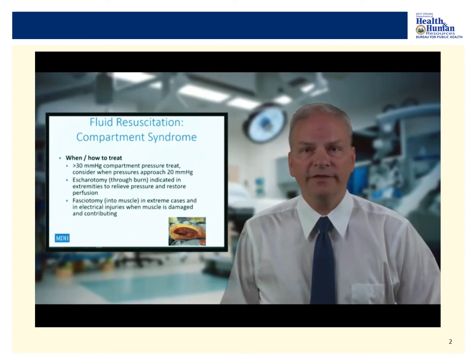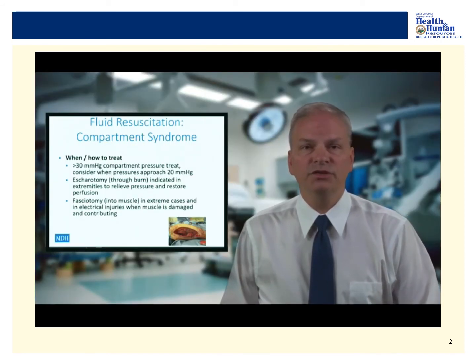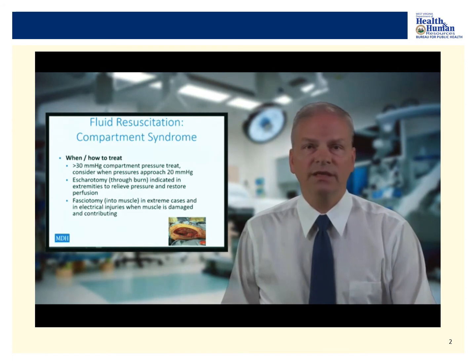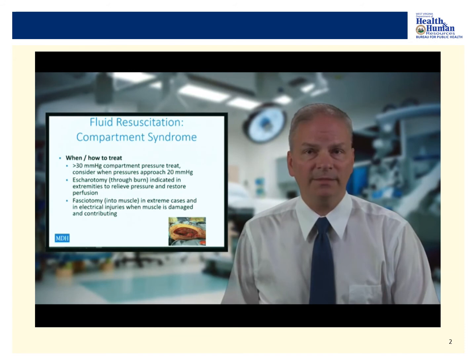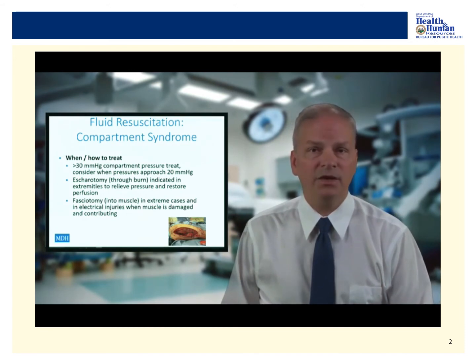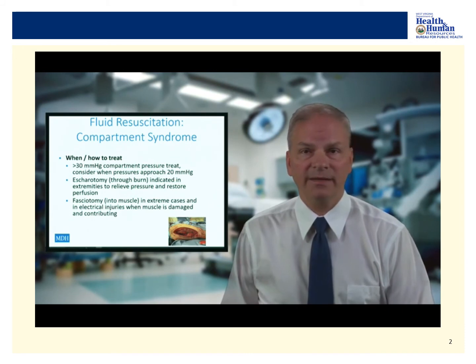When should you intervene for compartment syndrome? Certainly when the pressure achieves 30 millimeters of mercury, when you are having significant end organ perfusion problems, either in the hand or the kidneys or lungs, if you're talking about the abdominal compartment.